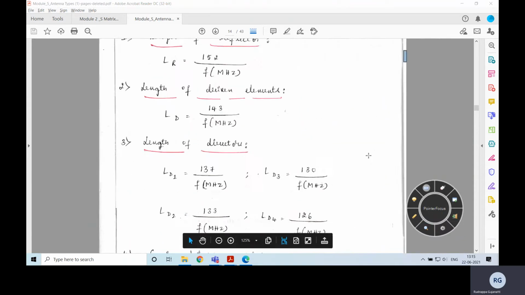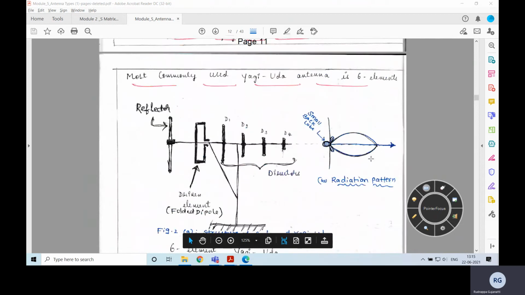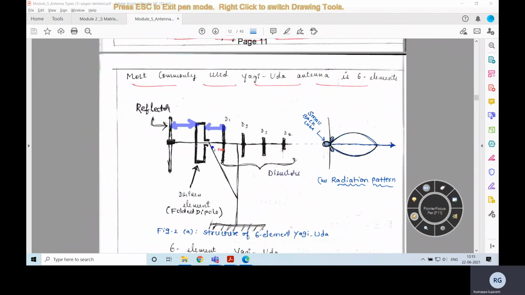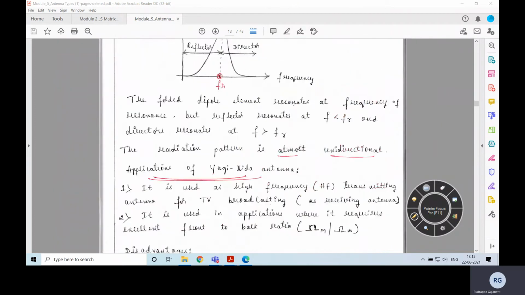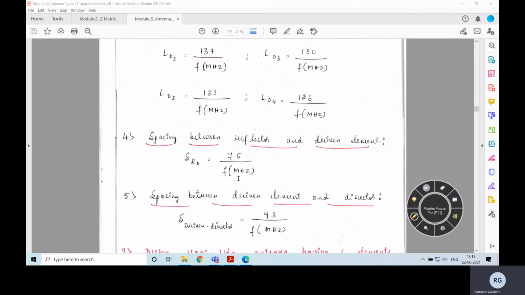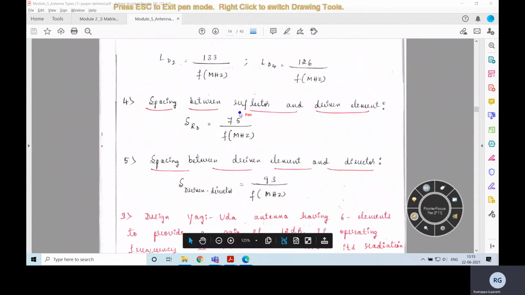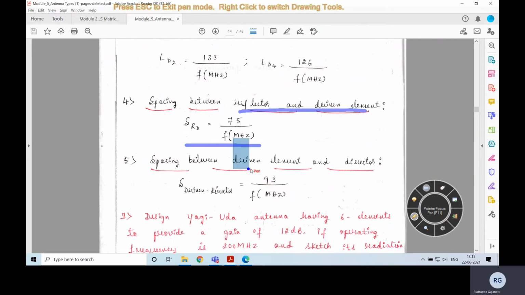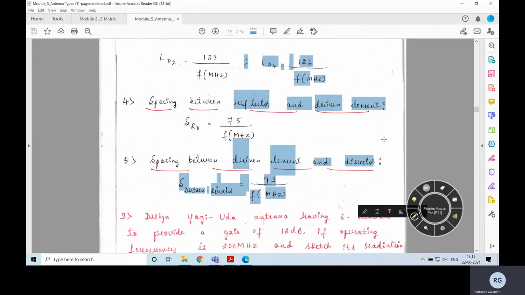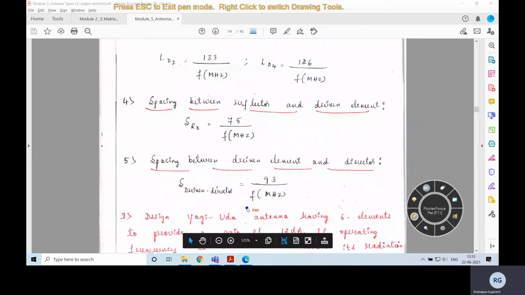If you observe the diagram, what should be the spacing between these elements as compared to the driven element? The spacing between the reflector and the driven element is 75 divided by f, whereas the spacing between the driven element and the director is 93 divided by f.